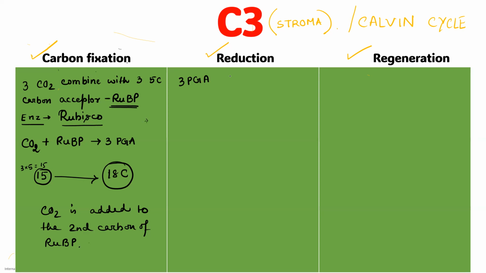This 3-PGA is forming what? It's forming 1,3-bisphosphoglycerate with the enzyme phosphoglycerate kinase. It's a big name.